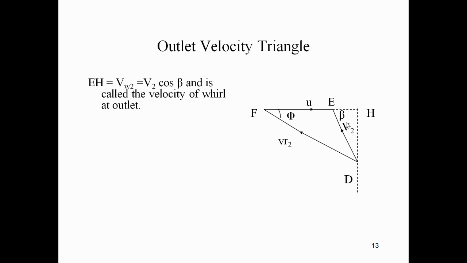Next, DH is equal to VF2, and it is equal to V2 sin beta. So VF2 is nothing but V2 sin beta, and it is called the velocity of flow at outlet.